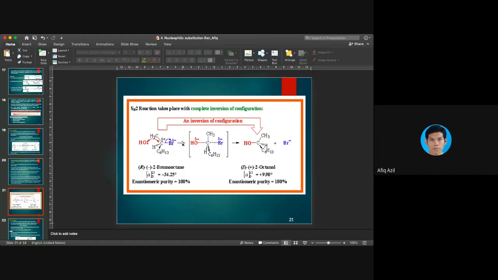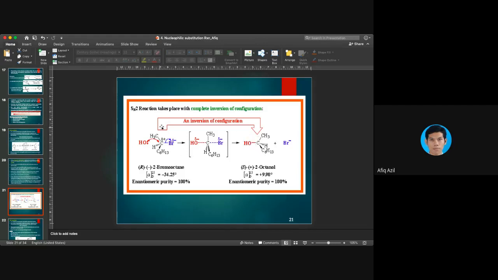But you see this in red, an inversion of configuration. What does it mean? Because of this OH coming in from the back, dari belakang, the back, okay, it changes the configuration of the compound.